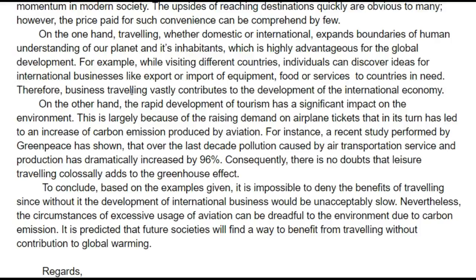That's fine. For instance, a recent study performed by Greenpeace has shown that over the last decade, pollution caused by air transportation services and production has dramatically increased by 96%. Just in a decade.